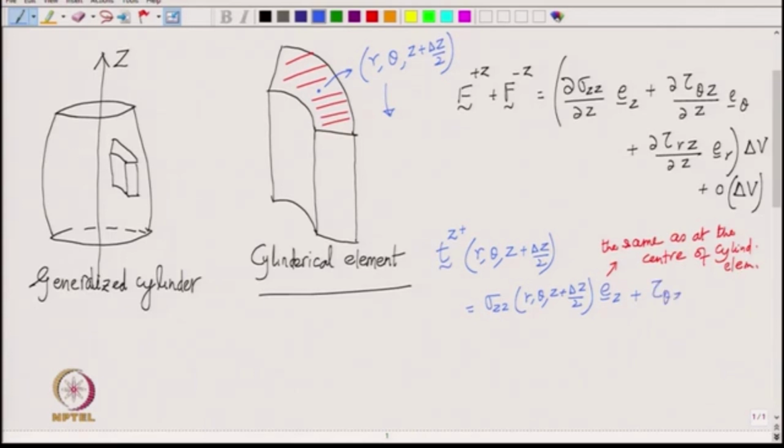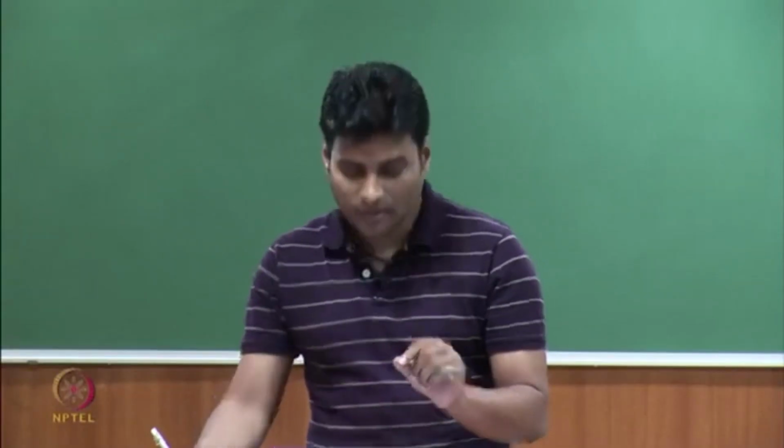And then we have sigma z z is here, then tau theta z, that also evaluated at the center of the z plane r comma theta comma z plus delta z by 2 into E theta. Okay. And then E theta also does not change, because only the z coordinate has changed. Remember, E r and E theta change only if the theta coordinate changes. So, at the center of the z plane, E theta is what it is at the center of the cylindrical element.